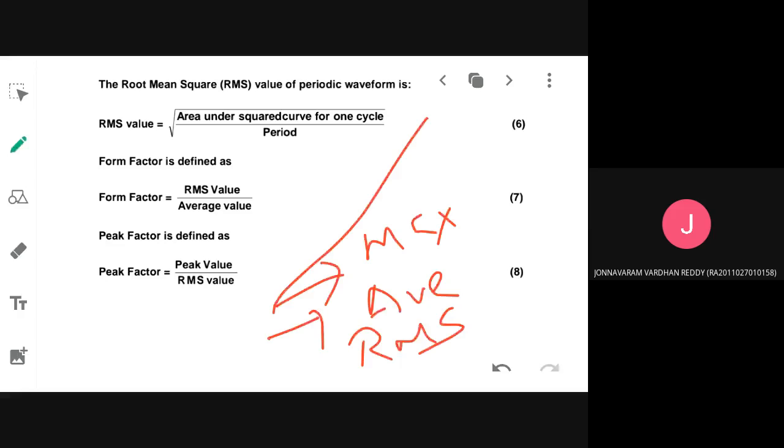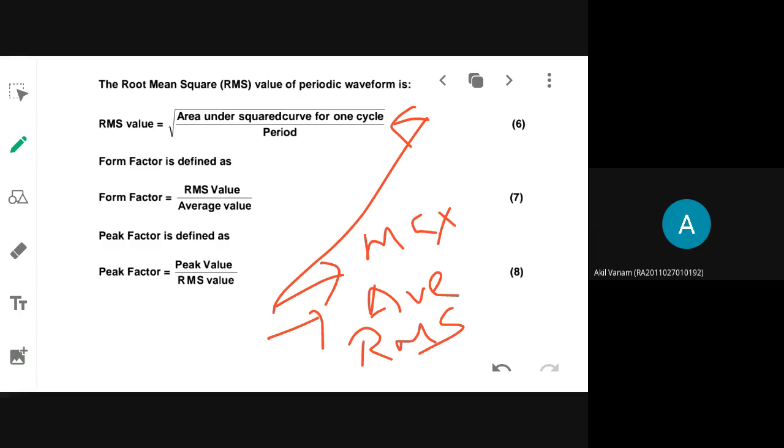So what is the formula for RMS value? Again, it is represented on the slide, no? Square root of area under the squared curve for one cycle divided by period.